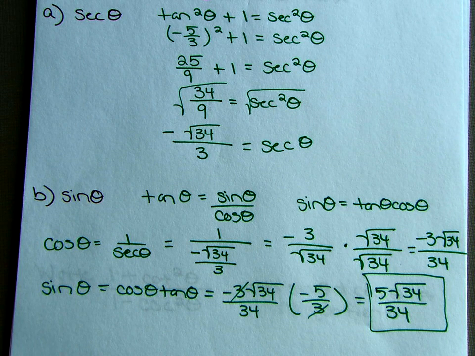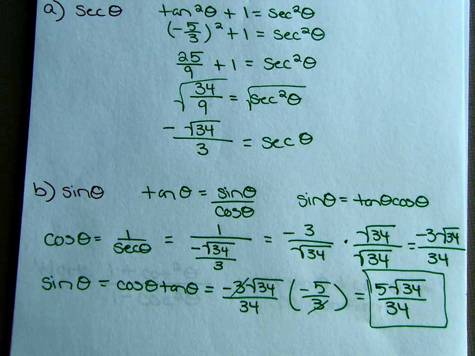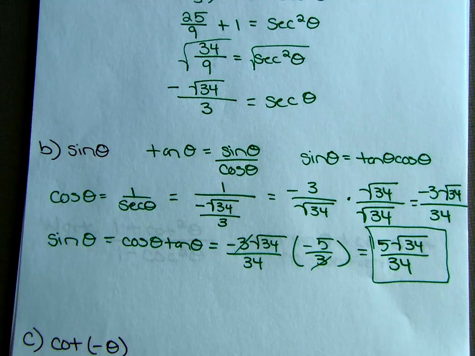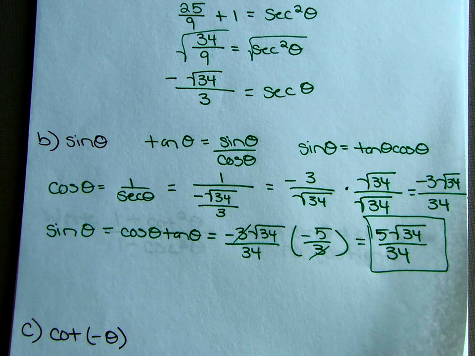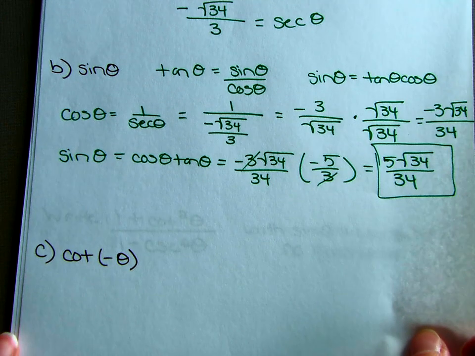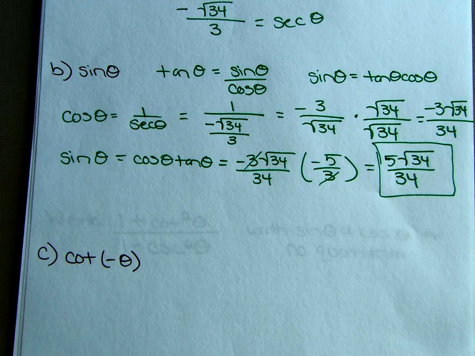All right, we're going to do one more with the same information, where tangent theta is negative 5/3 and theta is in quadrant 2. This time we're going to find cotangent of negative theta. So I'm going to look at the front, and I'm going to say, okay, cotangent of negative theta, and I'm looking under my even-odd identities.